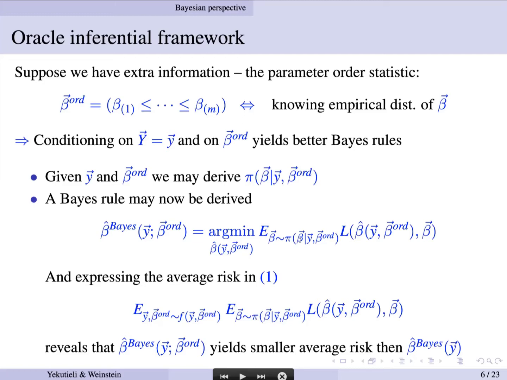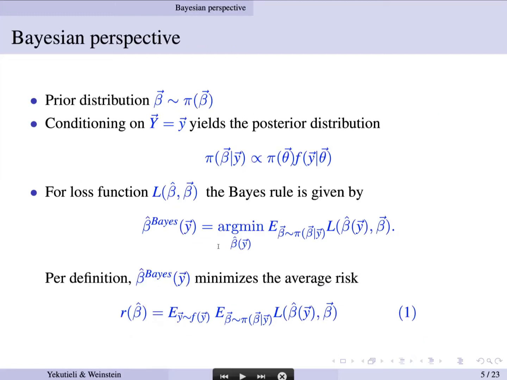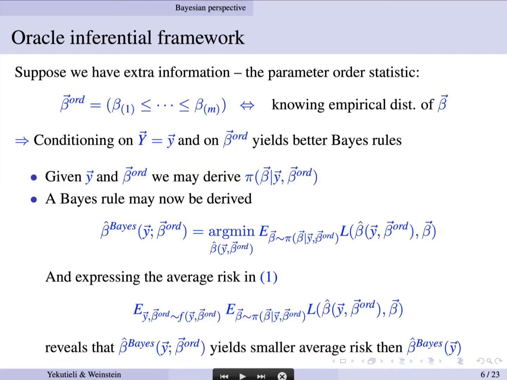And what I need to minimize is the different posterior expected loss. It's the expectation over beta, where I take beta from its conditional distribution, not beta given y, but rather beta given y and beta ord, okay? And then the same, it's the loss, but it's a loss for the different estimator, okay?